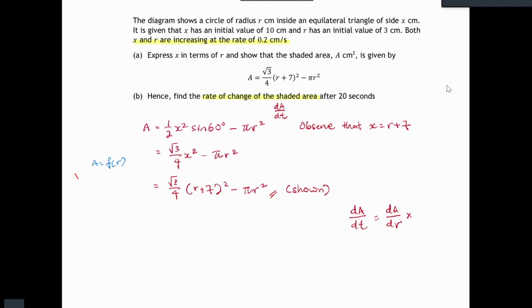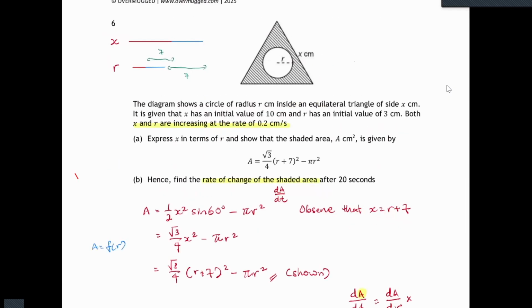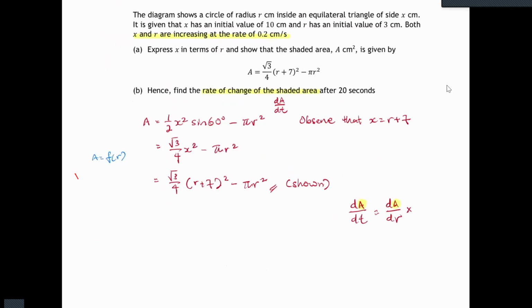From here, the last thing that connects the piece of the puzzle. So say if I have A, I want to have t here. I want to have dt here. Clearly my dr needs to cancel out.